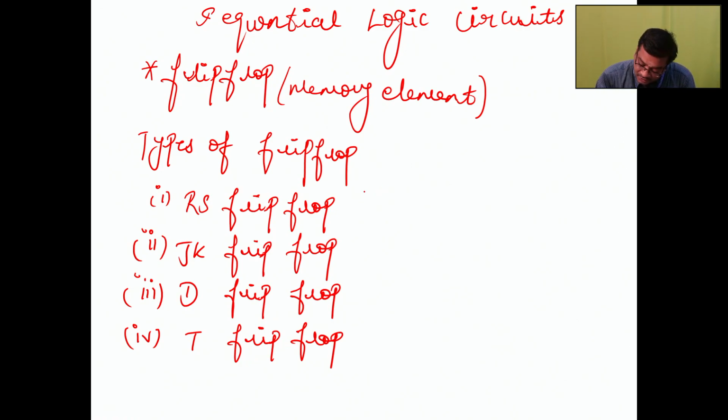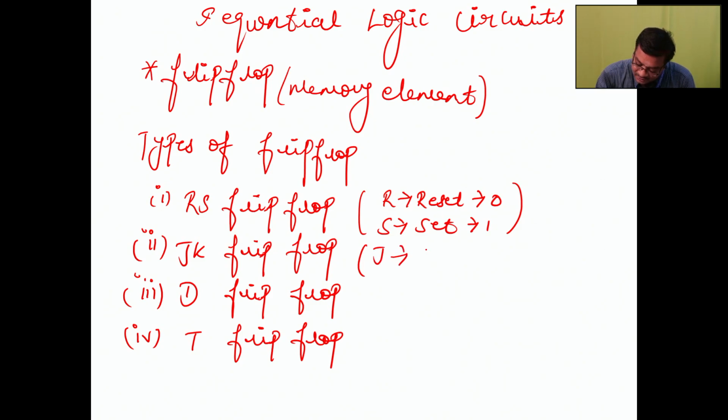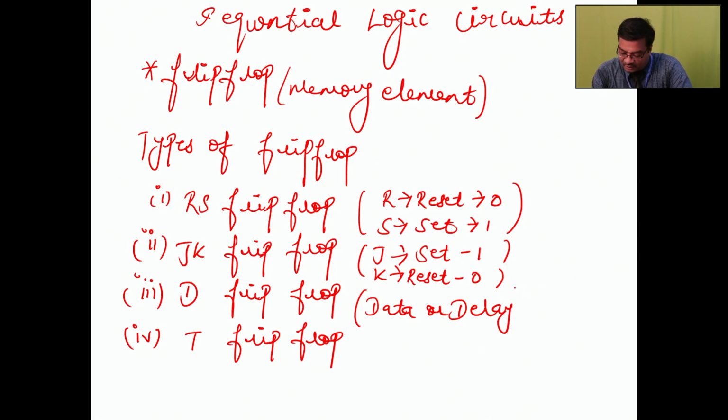In the RS flip flop, R stands for reset, that value is 0, and S stands for set, that value is 1. Similarly, J stands for set, that value is 1, and K stands for reset, that value is 0. D stands for data or delay flip flop, and finally T stands for toggle flip flop.